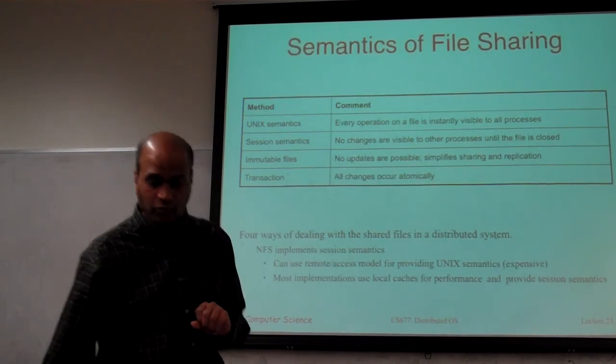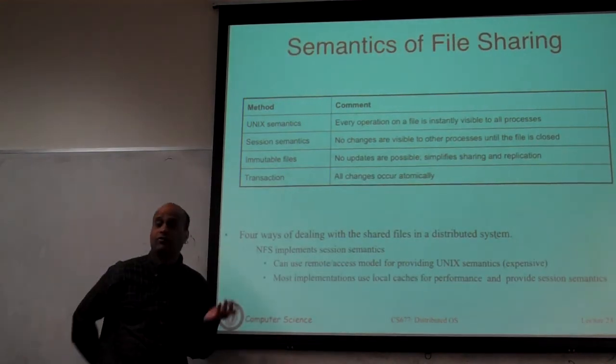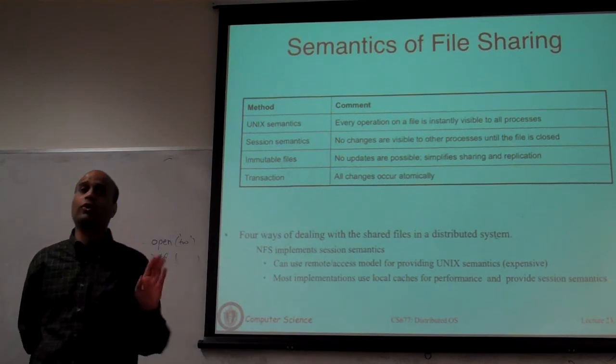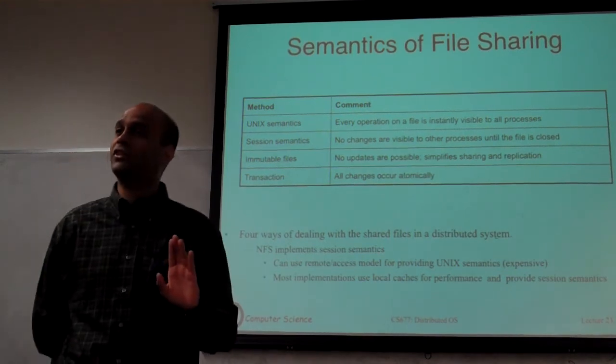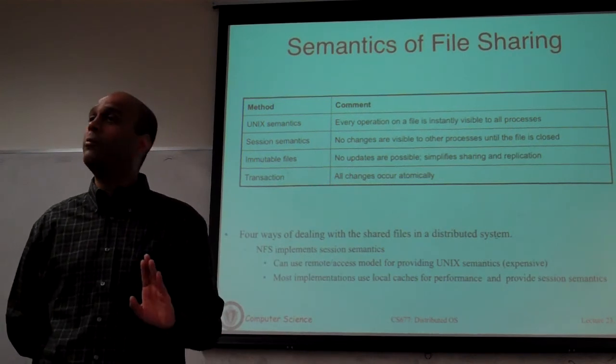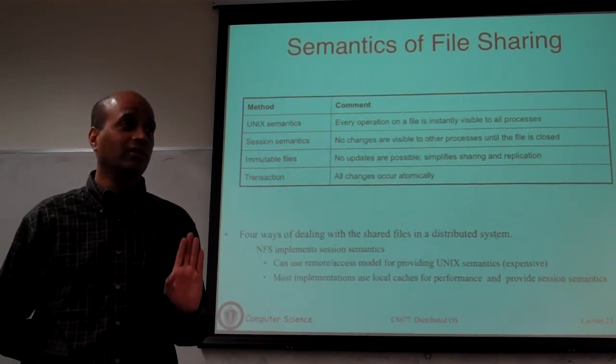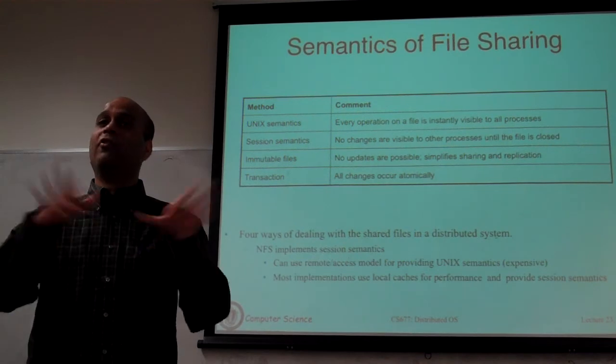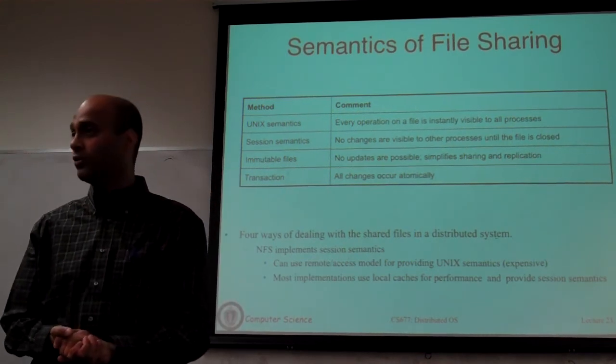In fact, what NFS actually does is a very simple implementation. The protocol does not specify any consistency requirements. It leaves it to the implementation. What most implementations do is every 30 seconds, every half a minute, they simply flush whatever has been written to the server.